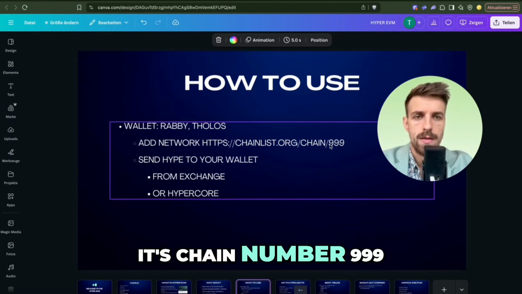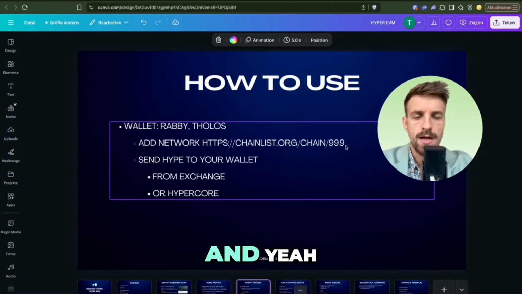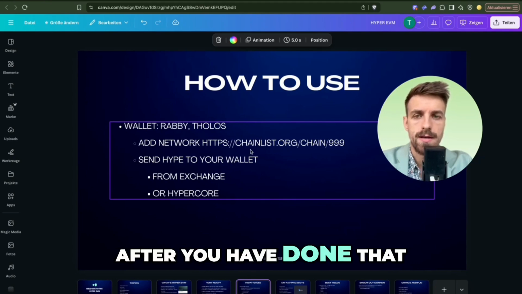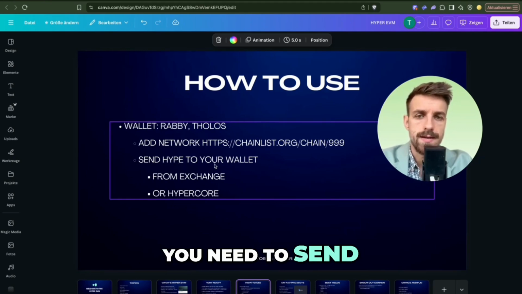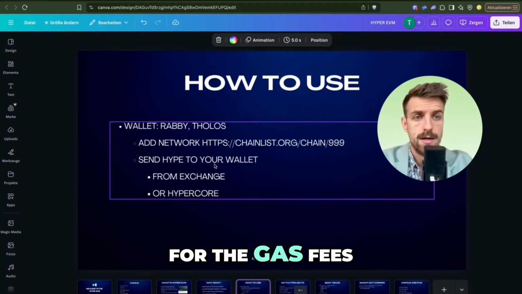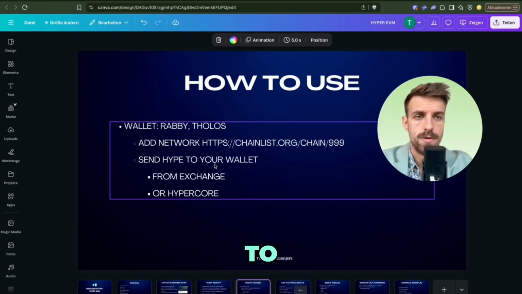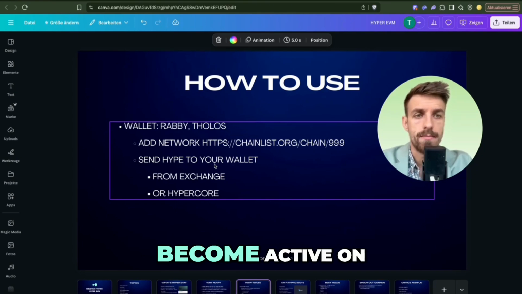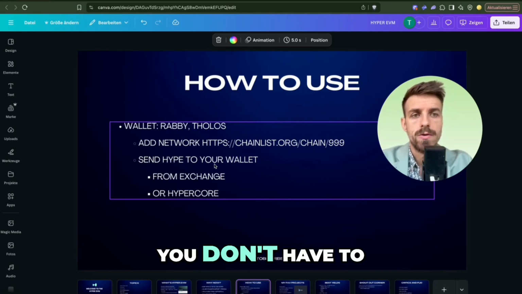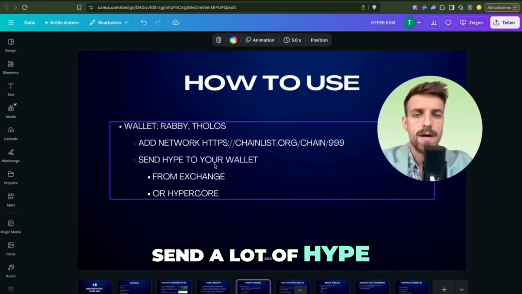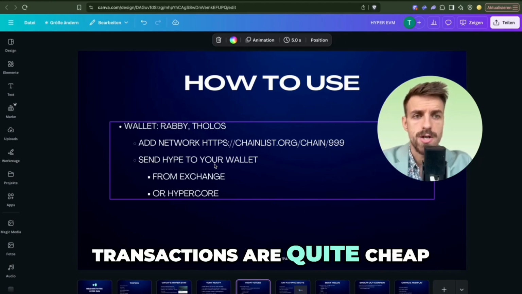It's chain number 999. And after you have done that, all you have to do is send hype to your wallet for the gas fees, but also of course to use the hype and become active on HyperEVM. You don't have to send a lot of hype because transactions are quite cheap.